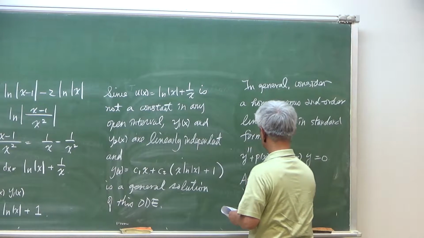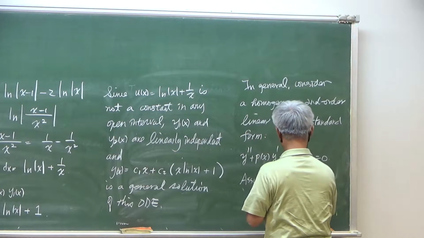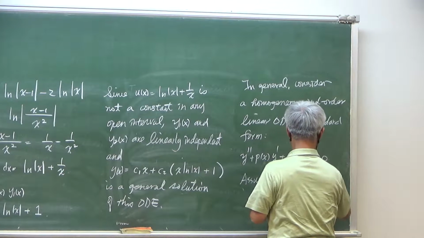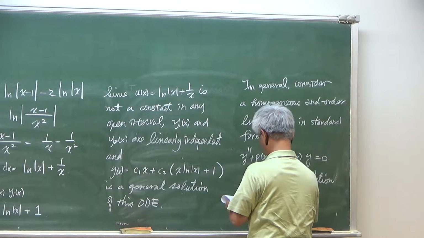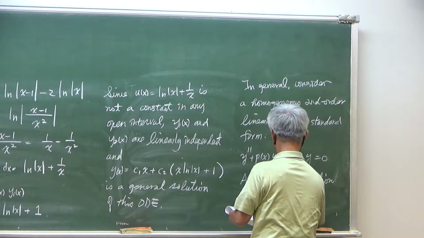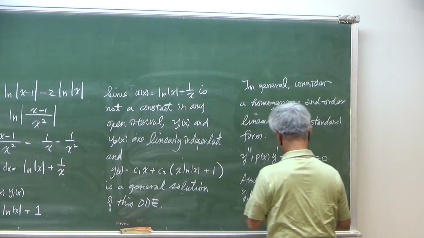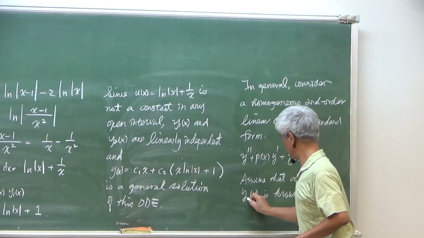Now we assume that the solution y1(x) is not zero. Okay, so we assume we already know the solution y1.